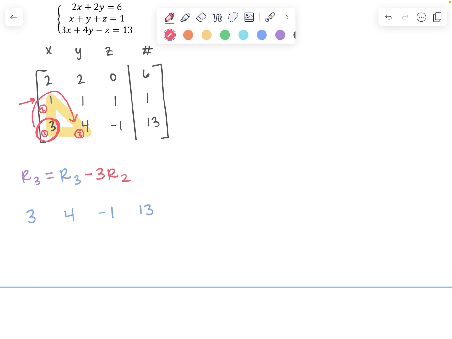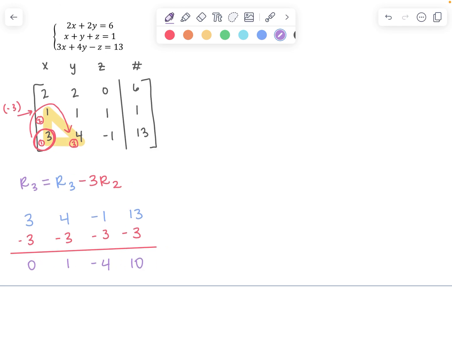And then I'm going to take everything in the second row and multiply it by -3, which, it's all just ones, so they're all going to be -3. So 3 minus 3 gets me that 0 I'm looking for. 4 minus 3 gets me 1. -1 minus 3 is -4. And 13 minus 3 is 10.